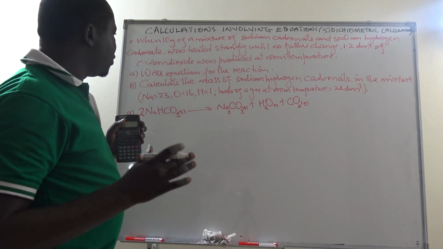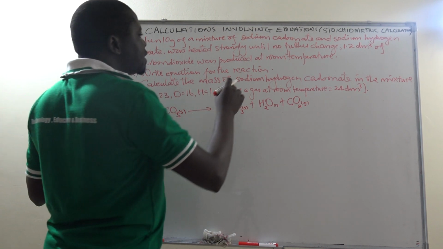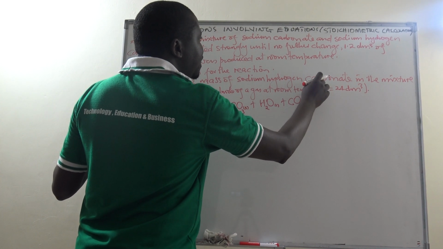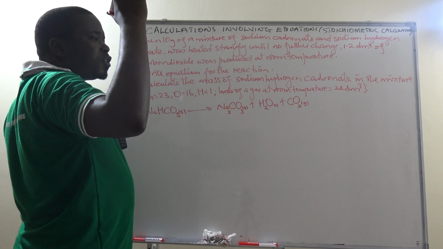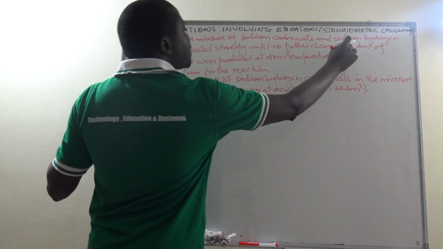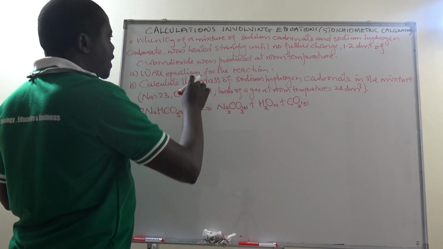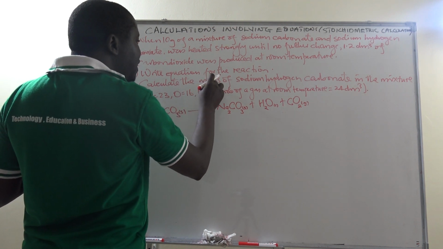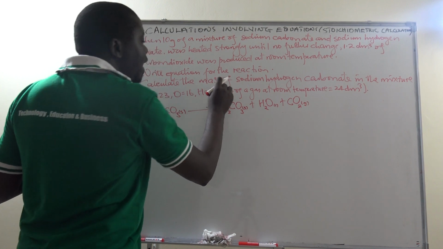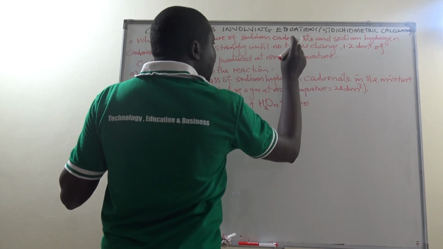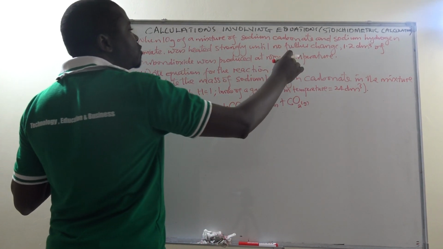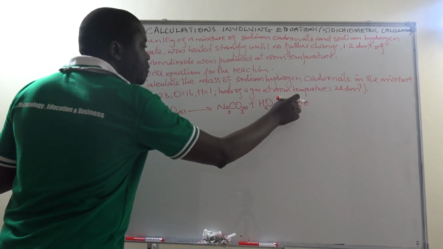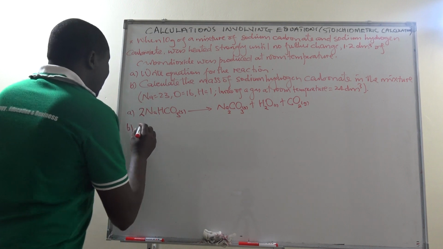So we are firstly going to get the mass of sodium hydrogen carbonate that decomposed completely to produce 1.2 cubic decimeters of carbon dioxide gas at room temperature. We have been given the volume of carbon dioxide gas produced. So sodium hydrogen carbonate, we shall deal with its mass, and carbon dioxide, we shall deal with its volume. So let us go.